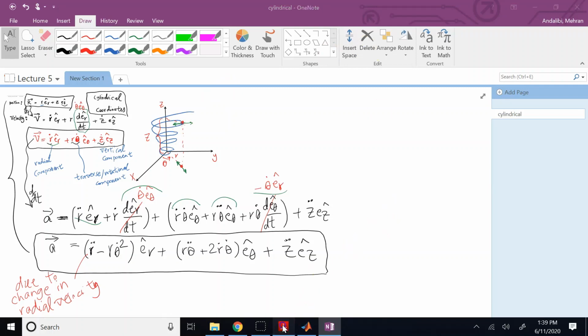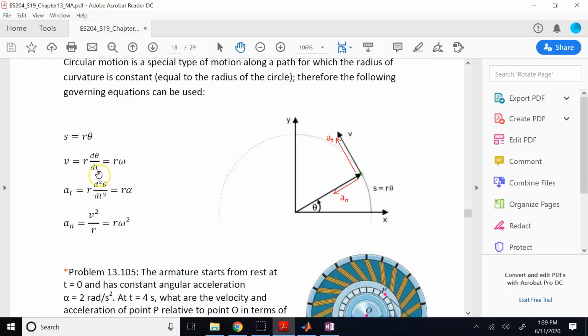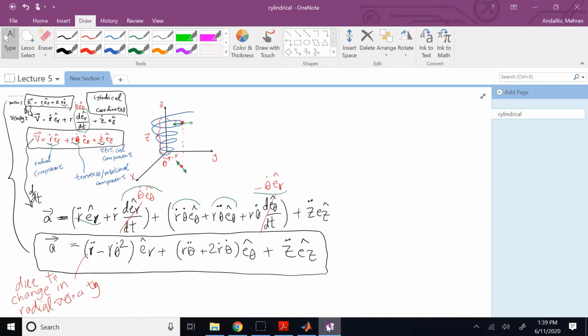You're right, it is the centripetal acceleration that you had here, a_n. Remember? a_n was r omega squared, or r theta dot squared, and its direction, instead of outward, is inward toward the center. So this term here is our famous centripetal component.